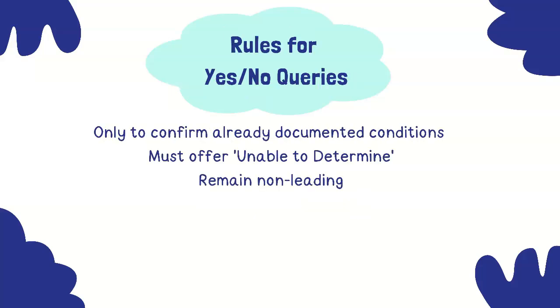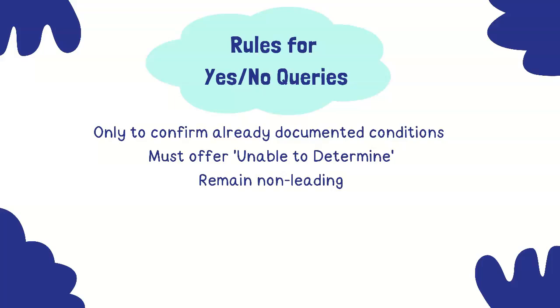All righty. We're almost at the point where we're going to get to the multiple choice questions. But just a couple more rules for yes/no queries. You must never introduce new information through a yes/no format. You may only use a yes/no query to confirm documentation that's already in the record.